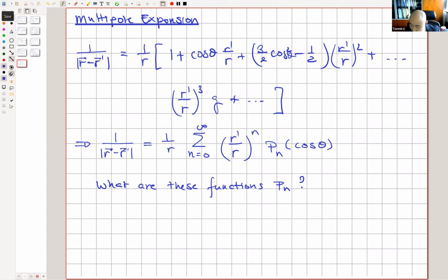But before I get started again, let me quickly go through Jason's question. Jason is asking whether I can say again how this multipole expansion tells us the dipole is 1 over r, quadrupole is 1 over r cubed. It doesn't yet. That's the thing.